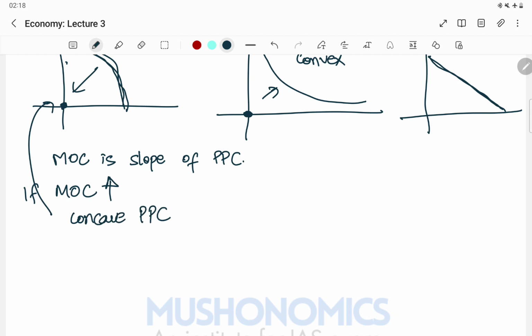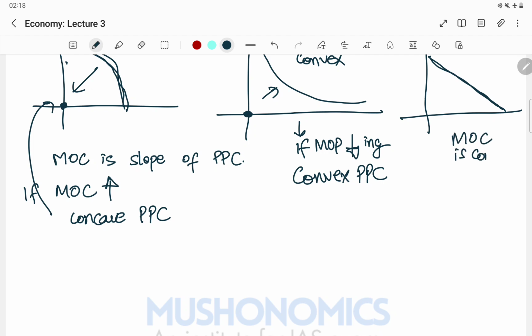If marginal opportunity cost is decreasing, then we will have a convex PPC. And if marginal opportunity cost is constant, then we will have a straight line PPC.